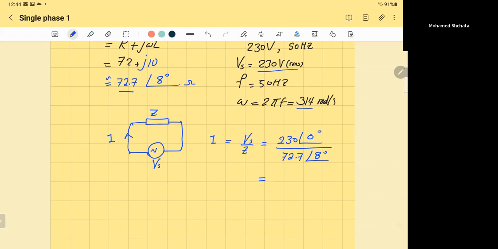So I got 3.16 and the angle -8. Because how you do the phasor, when you are dividing, you subtract the angle, so 0 minus 8, you get -8. That's the current, and that's good.